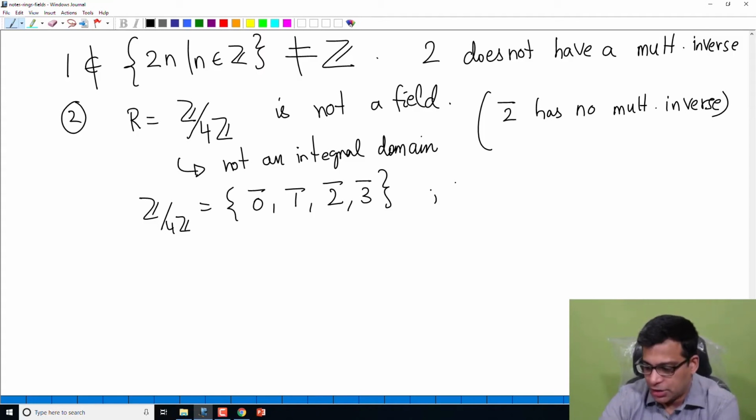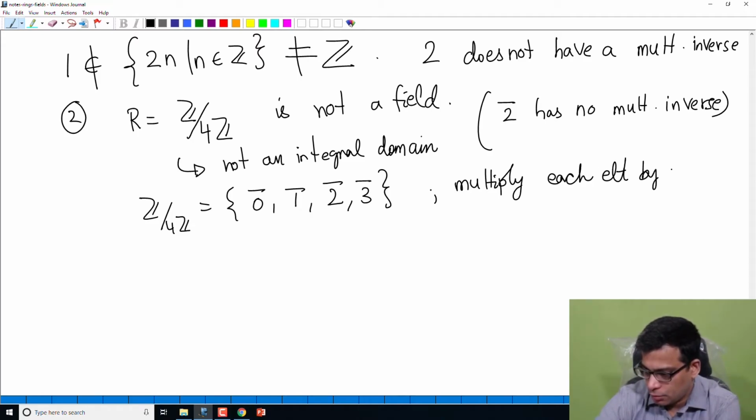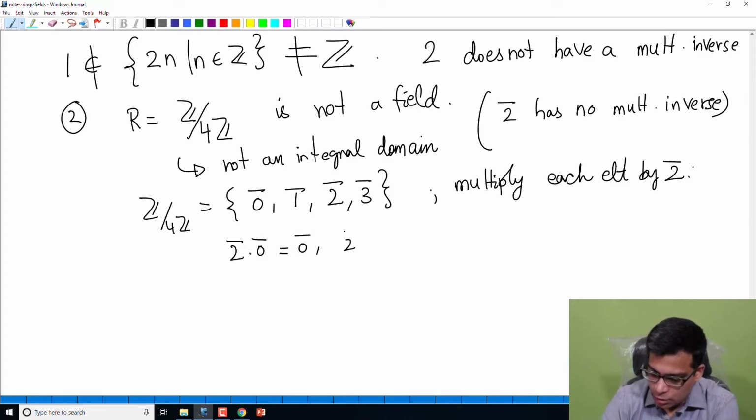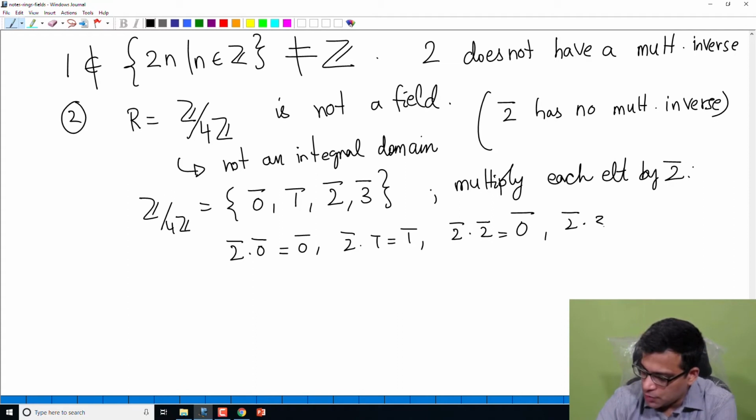If you multiply each element by 2 bar, what do you get? So you get 2 bar times 0 bar, which is 0 bar, 2 bar times 1 bar, which is 2 bar, 2 bar times 2 bar, which is 0 bar, 2 bar times 3 bar, which is 6 bar, which is 2 bar.